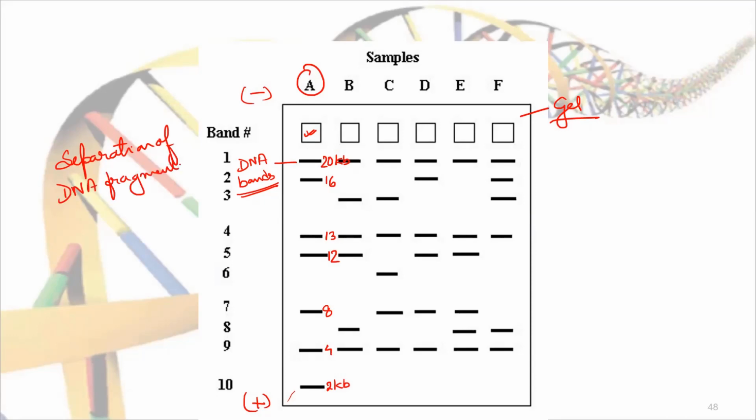It is based on the size of the DNA fragments or the molecular weight of the DNA fragments. Clear? Is the principle understood?